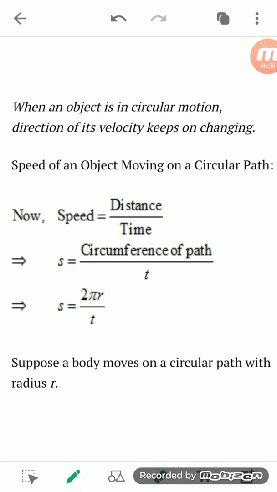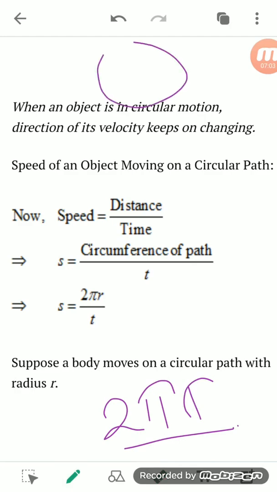Started from here, it finally reaches here. The distance traveled is equal to the circumference, and you know the circumference of the circle is 2 pi r, where r is the radius of this circular path.